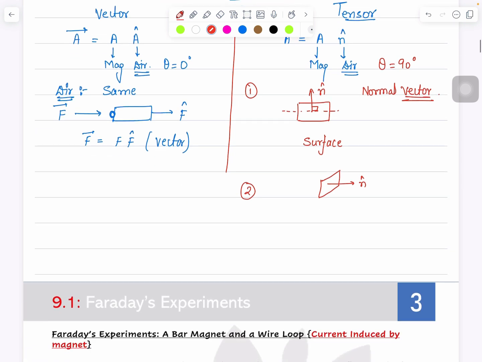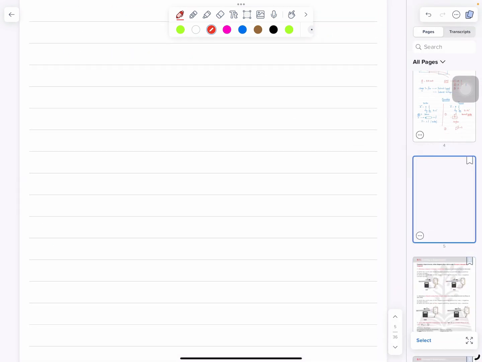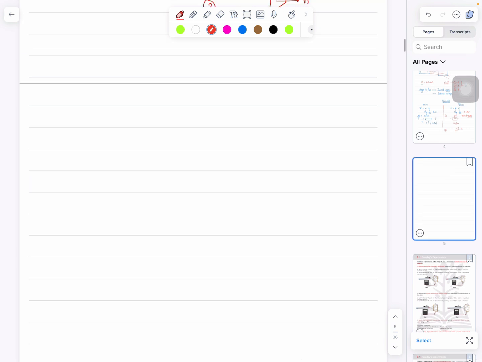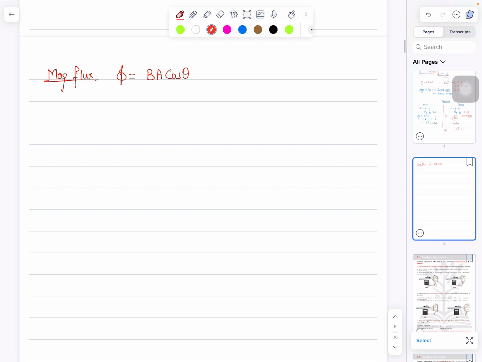I'm going to add a page for you guys, and then I'm going to explain the concept of magnetic flux. So till now we understand magnetic flux, yes or no? We understand phi is equal to BA cos theta. Now what we need to understand, there are two factors. B is a vector, so can I say B vector?